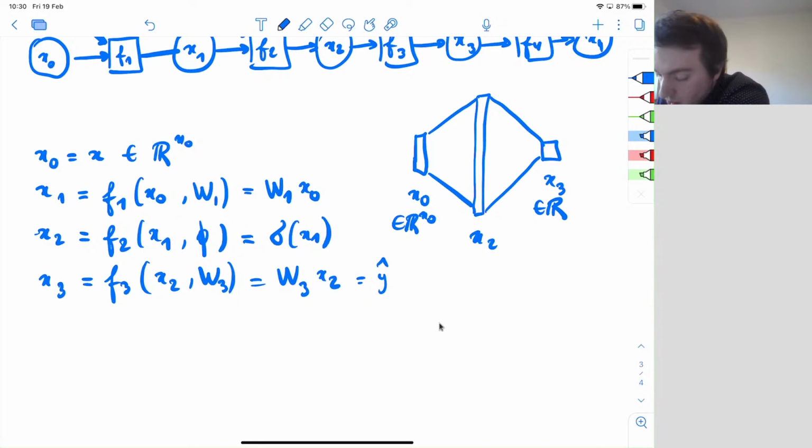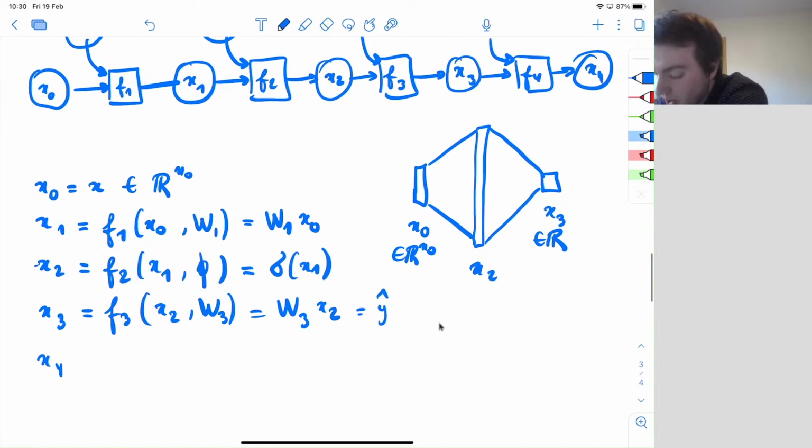And then we would compare that against some ground truth value through some function f4, taking as input x3, and here not taking as input a parameter, but some ground truth.